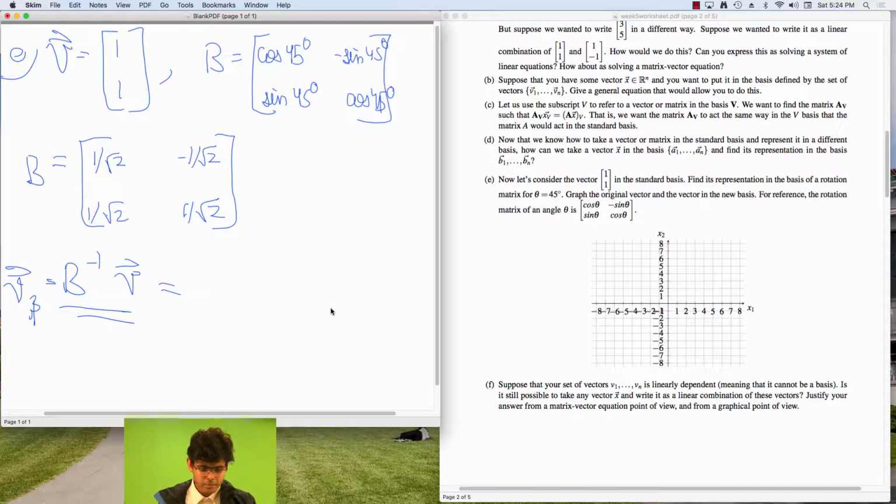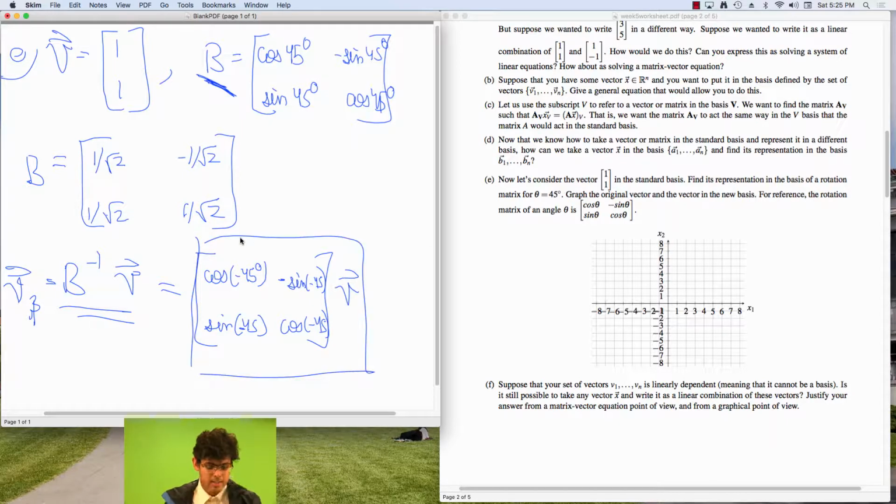There are multiple ways of doing it, but the way I like is to look at the fact that computing the inverse of a rotation matrix is the same as taking the rotation matrix for the negative angle. So B inverse is cosine of negative 45, negative sine of negative 45, sine of negative 45, and cosine of negative 45, times V, of course.